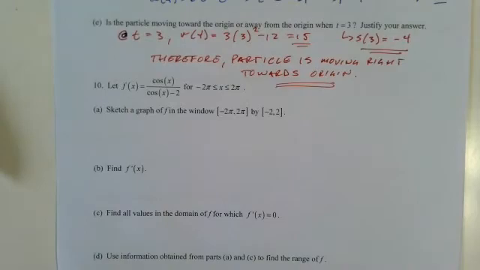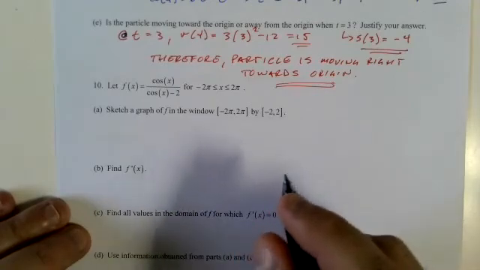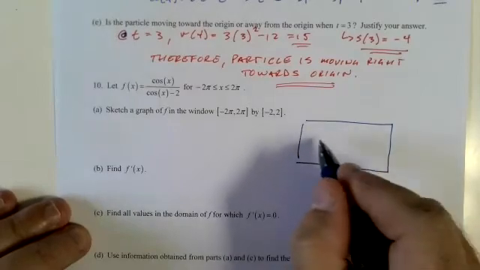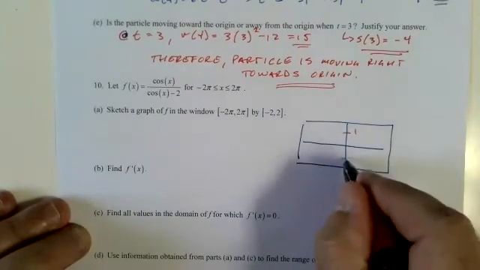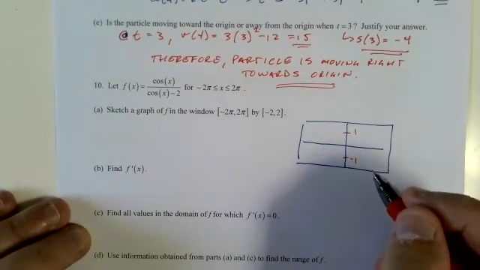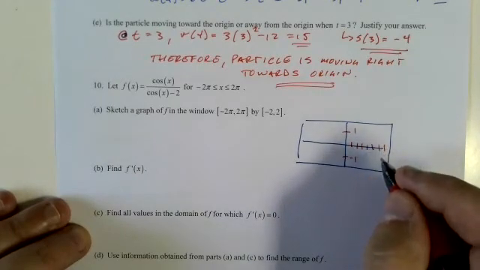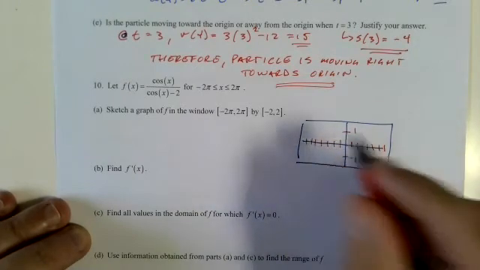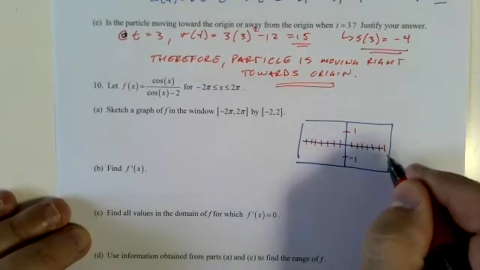Let f of x equal this ugly cosine over cosine thing. Get your graph. F in the window. You should go ahead and do this on your calculator, I was going to say.